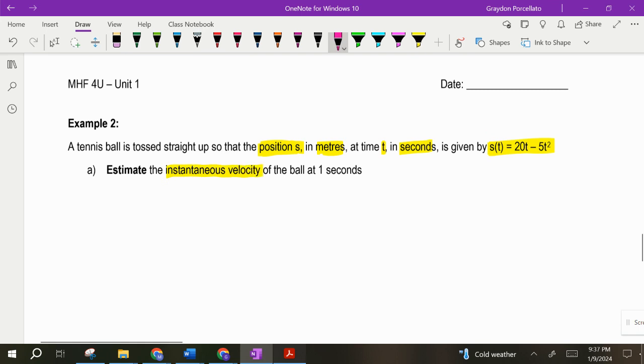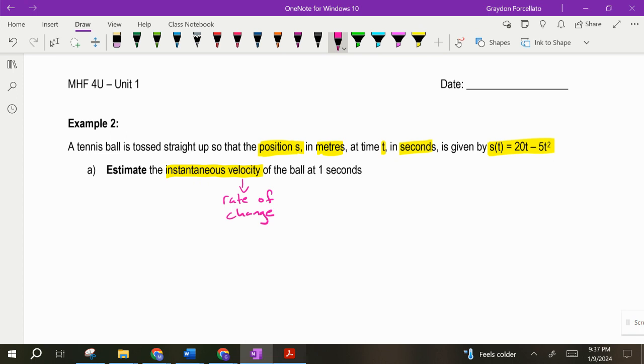Now remember, velocity is just the rate of change for distance-time questions, of the ball at 1 second. All right, fair. So we need 2 points to estimate this velocity.